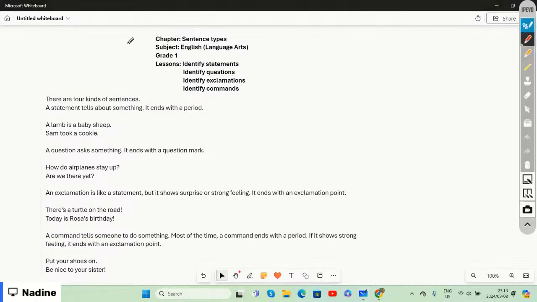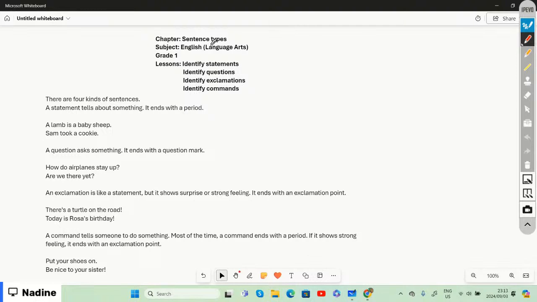And when it comes to a statement, if we look at the first one, a statement tells us about something. It can be anything, even anything random.